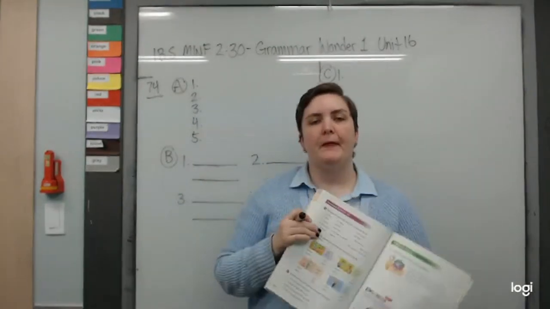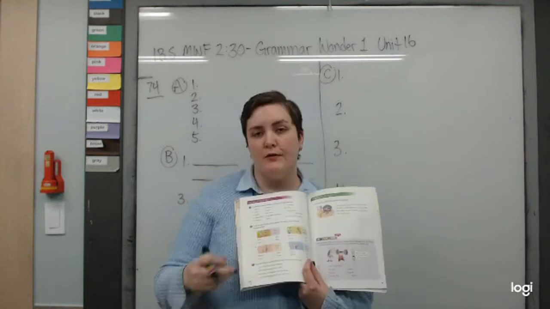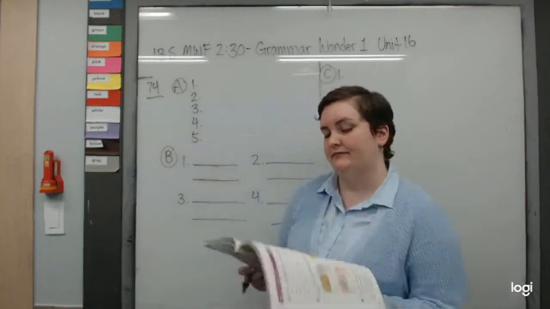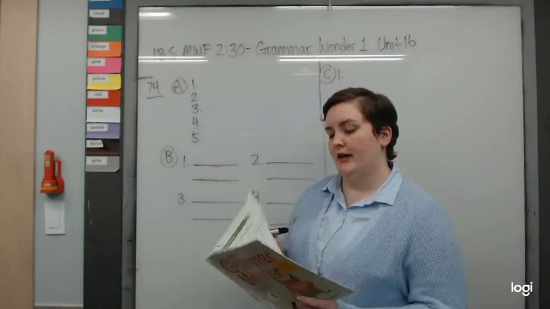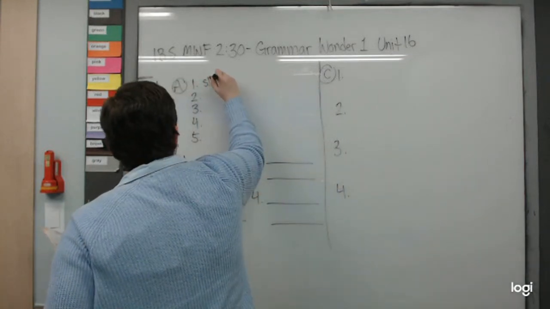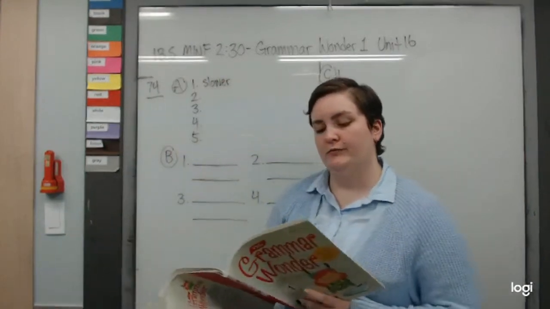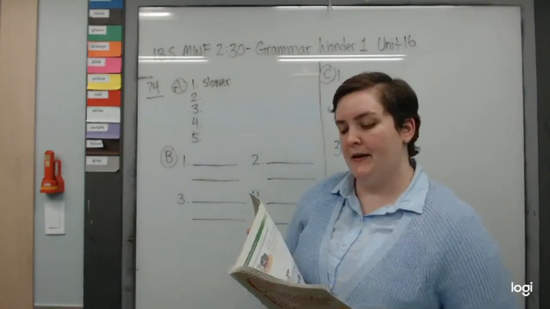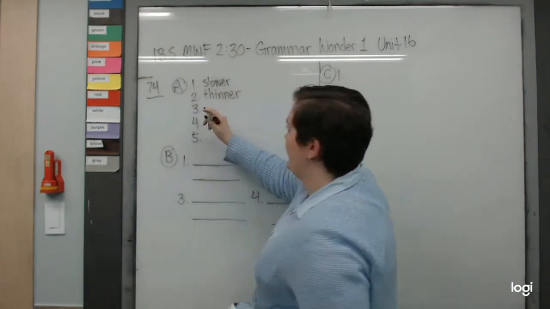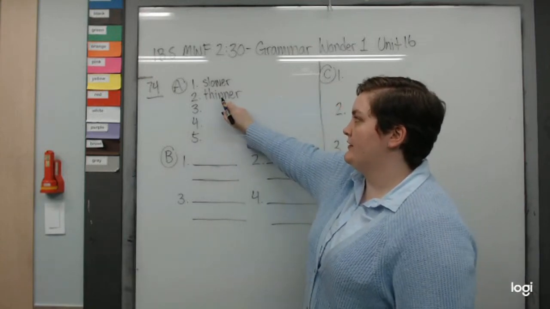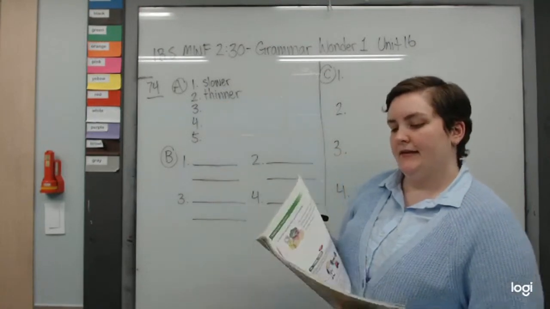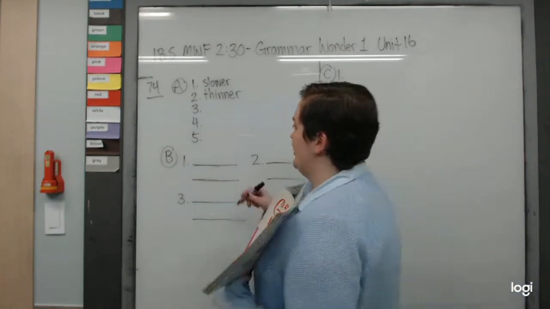Page 74. If you're not finished, if you need more time, stop the video. If you are finished this page, let's keep going. Okay, number 1, a turtle is slower than a rabbit. Number 2, Chris is thinner than Bora. We add another N because it goes N consonant, I vowel, N consonant. Number 3, this doll is prettier than that doll.